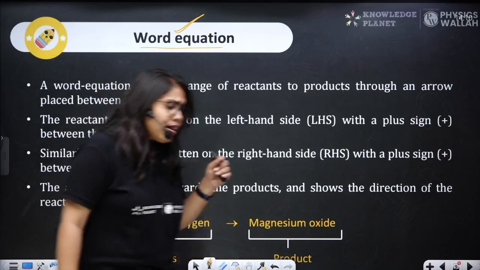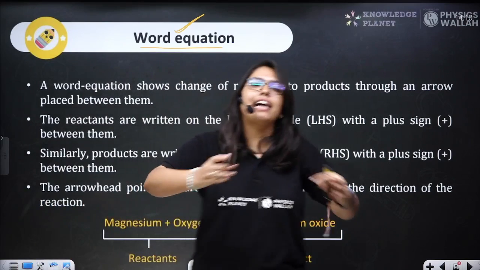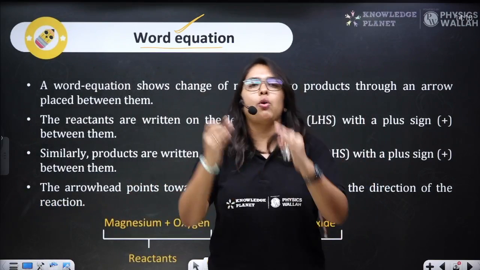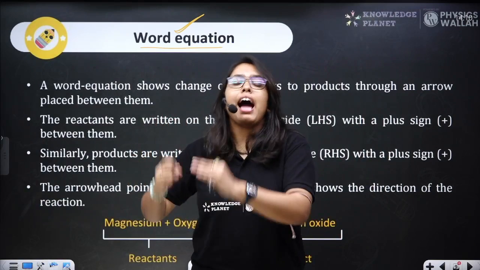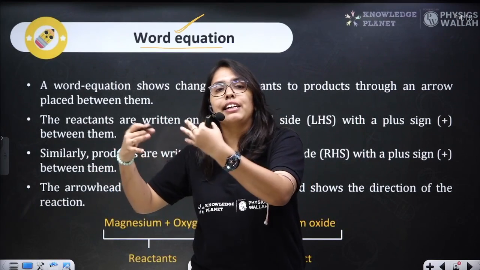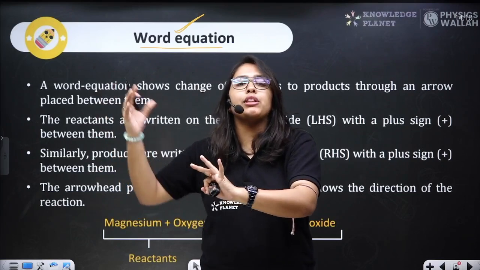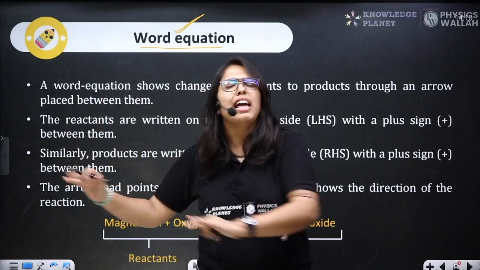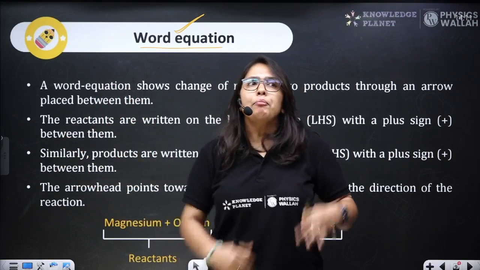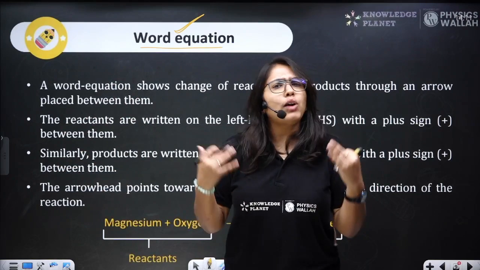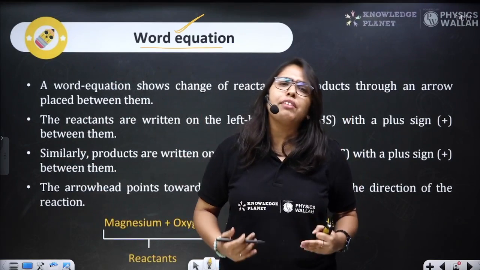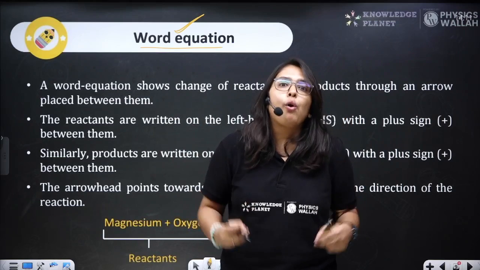So, how do we write it? See, we can write an entire sentence that magnesium reacts with oxygen present in the air and it releases a dazzling flame with the formation of magnesium oxide. You can write an entire sentence. But is it possible for us to write sentences for all the reactions that we come across? That takes up a lot of time.